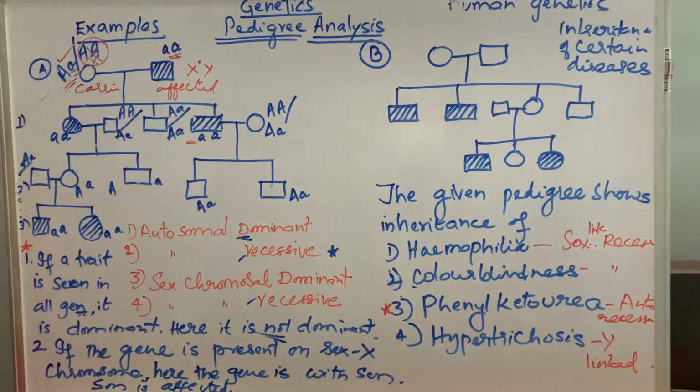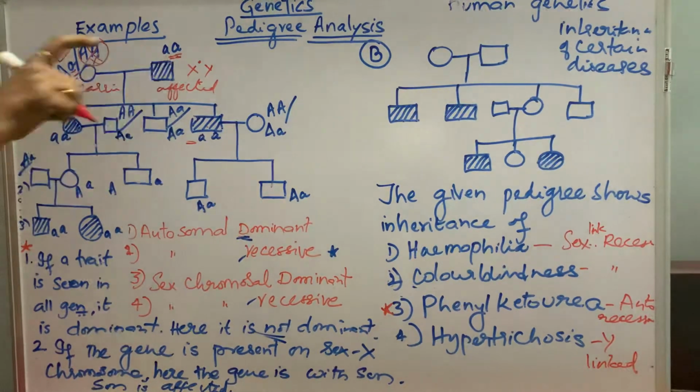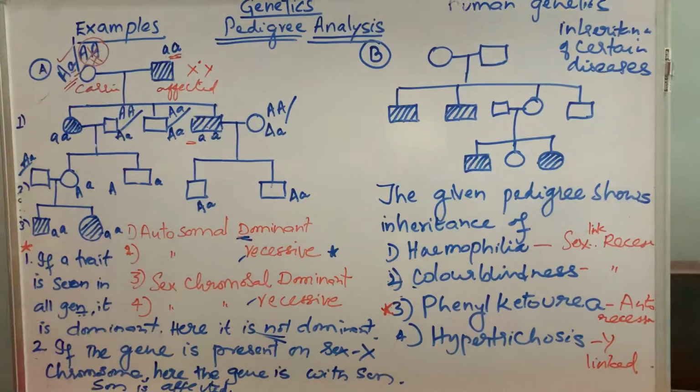In order to be affected, the recessive genes must be in homozygous condition. So here when she got married to one individual, again they got affected children. That is why he must be heterozygous. One small a from the mother, one small a from the father.